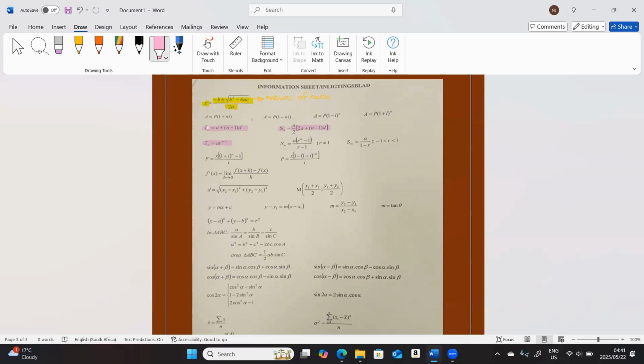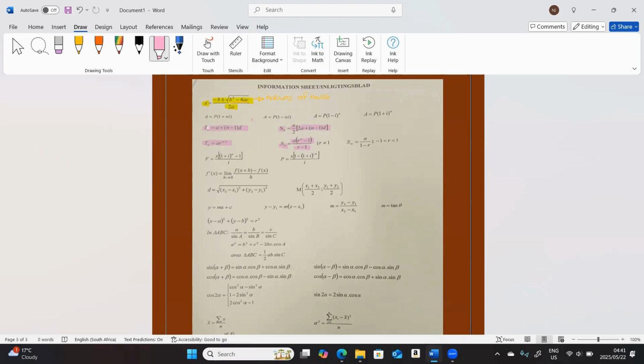Do you understand? The same thing with term n equals a r to the power of n minus 1. That is the formula for the general term of a geometric sequence, and right across from it is the sum formula given to you to calculate the sum of a geometric series.